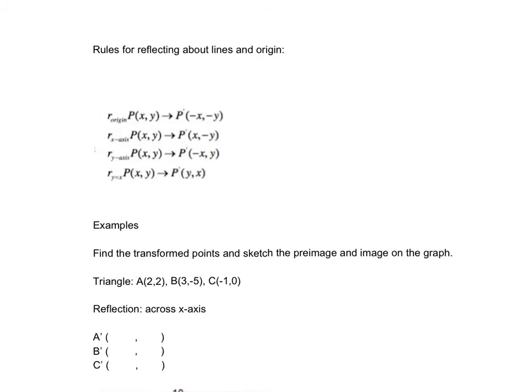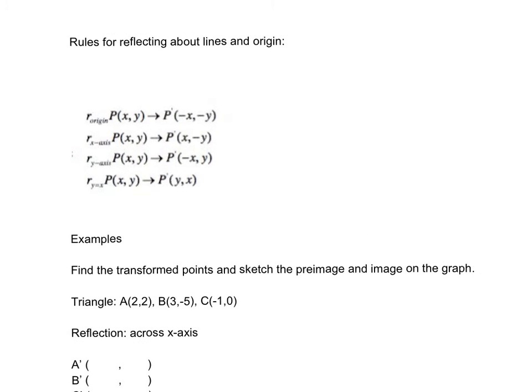So the rules for reflecting about lines and origin. When we reflect across the origin, the points on our original shape get their opposite sign. X and Y become their opposite. When we reflect across the x-axis, Y gets its opposite sign.